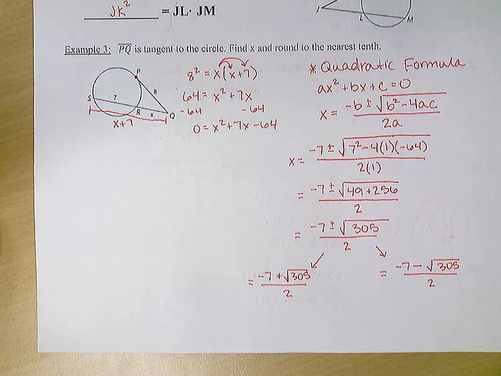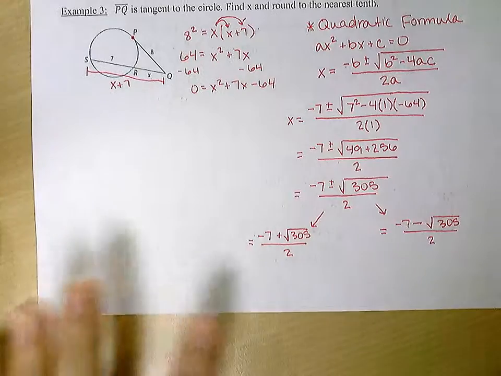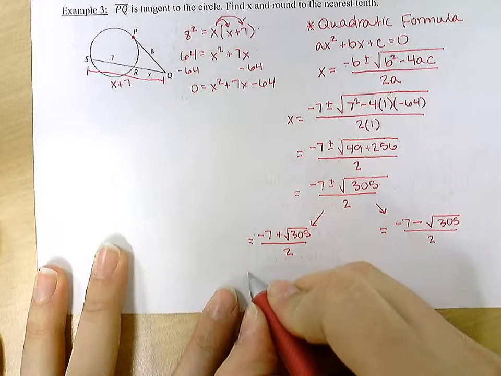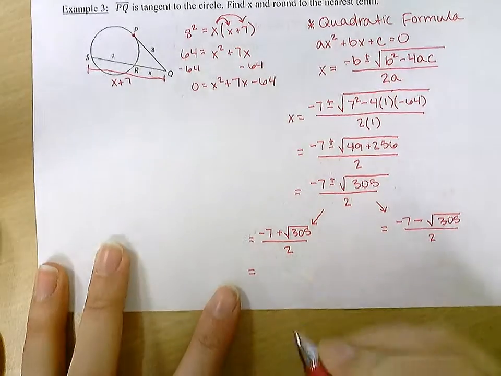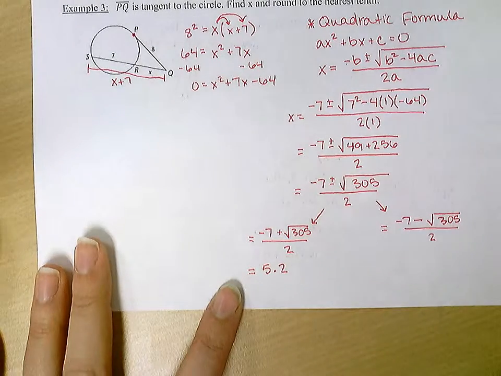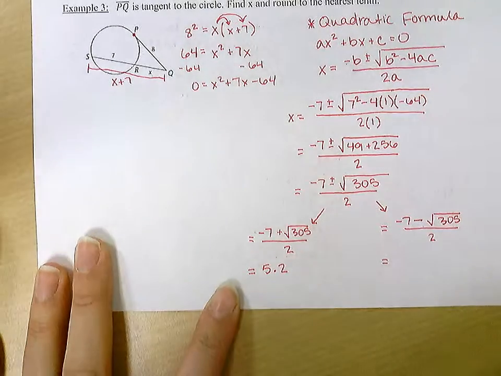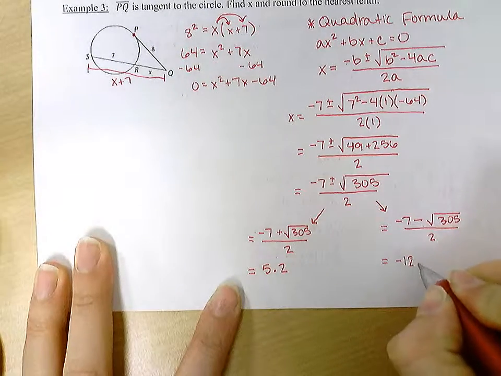Okay, so you have to use that plus and that minus. You can just plug that into your calculator and then round to the nearest tenth. So for this one on the left, when I add the square root, I get a positive 5.2. For this one on the right, when I subtract that square root, I get a negative 12.2.